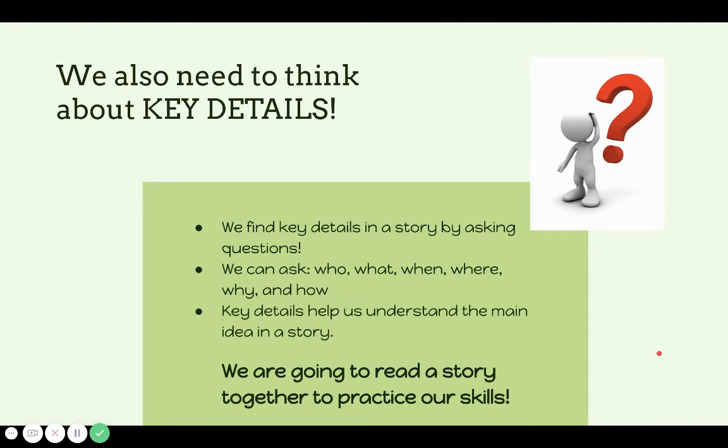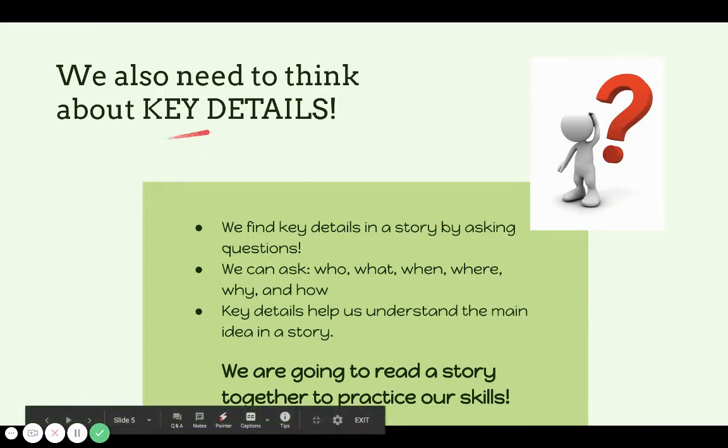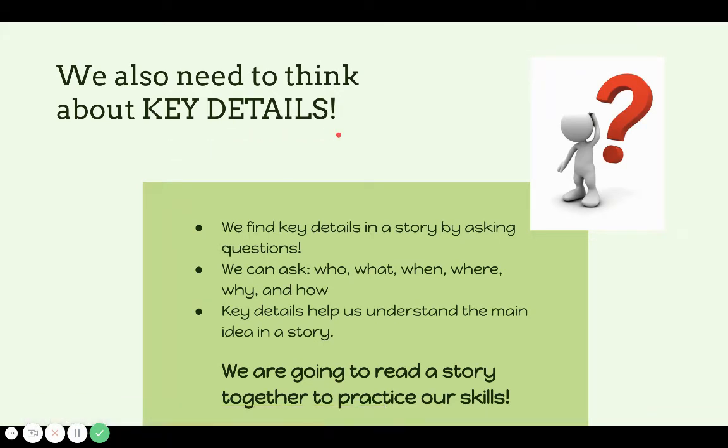One other thing we have to think about when we're reading fiction and when we're thinking about the plot is key details. We've been practicing quite a few times writing down key details from our stories, but today I want to show you a good example of this. So when we find key details, we are asking questions.